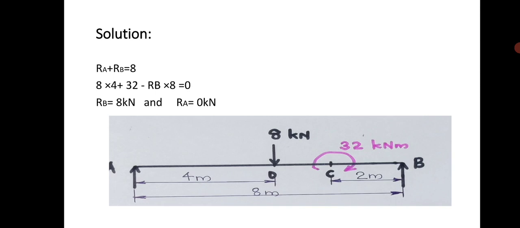RA plus RB minus 8 equal to 0, and taking moment about A, you will get 8 into 4 plus 32 minus RB into 8 is equal to 0. Solving these two, you will get RB equal to 8 kilonewton and RA is equal to 0 kilonewton.